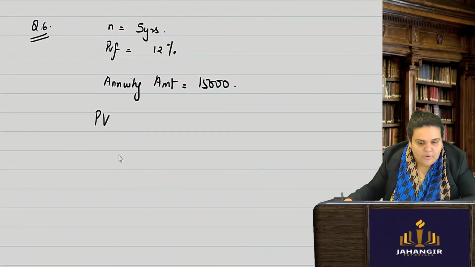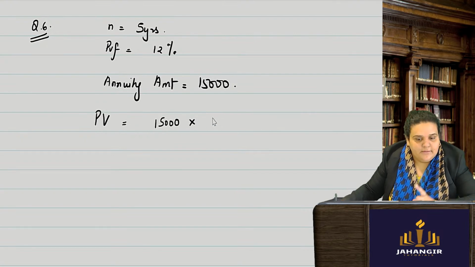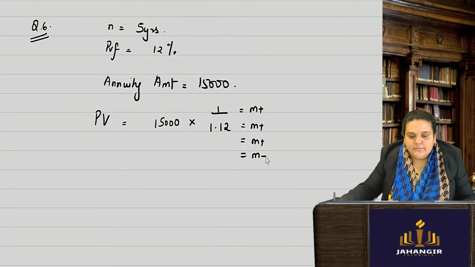So how will I find the present value? At the discount factor rate, it will be nothing but 15,000 into the discount factor. How will I find the discount factor? 1 divided by 1.12, equal to M plus, 5 times, for 5 years.